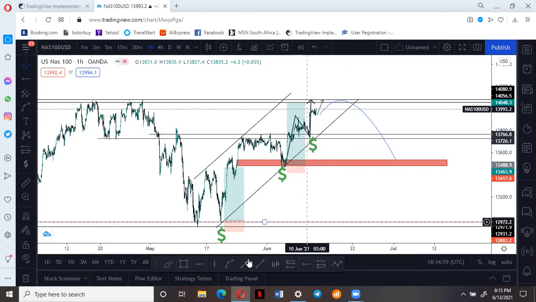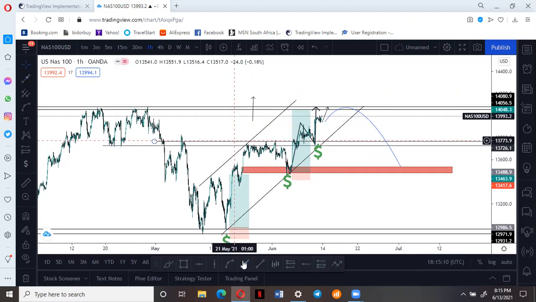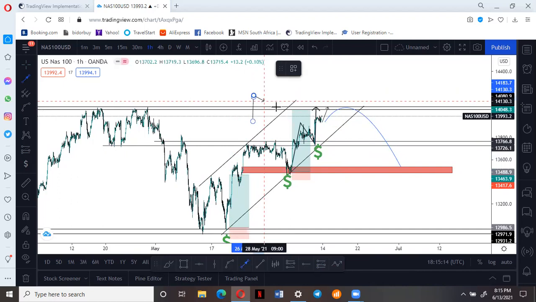And if it happens that we have a breakout of this structure to the upside, you should wait for a retest on that major zone there and see it go up after the retest.